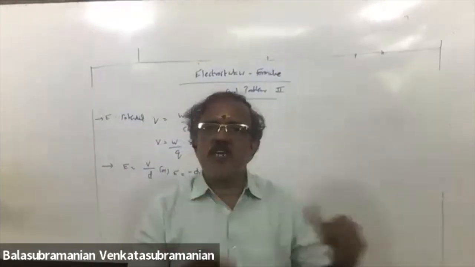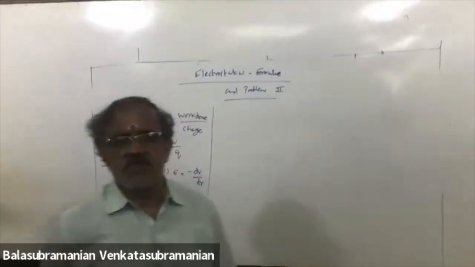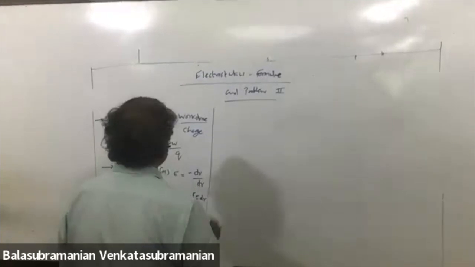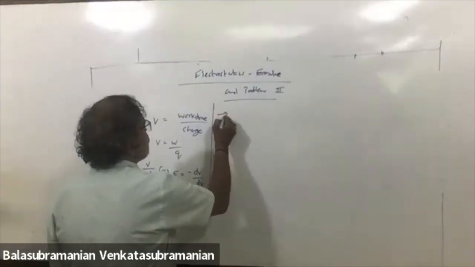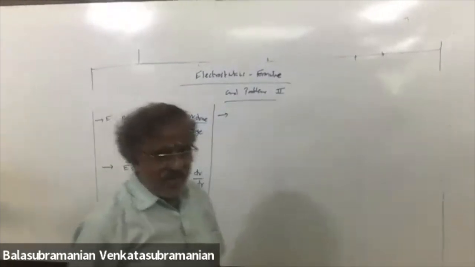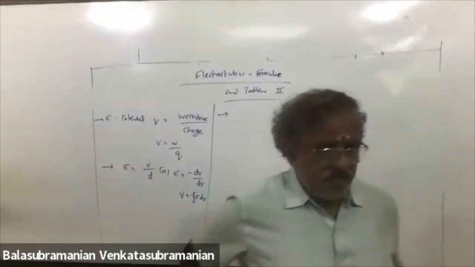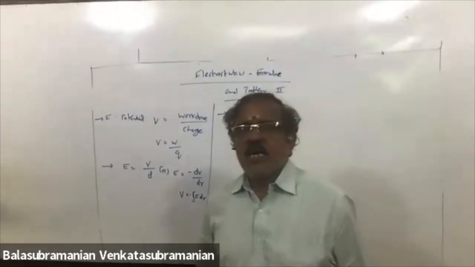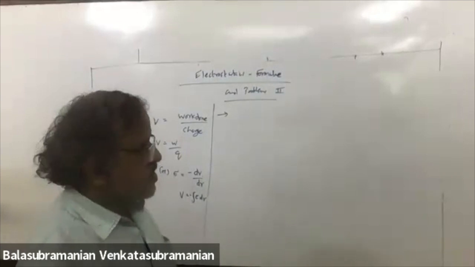Because of repulsion, you are putting a minus sign there. This is the electric potential and electric field relation.